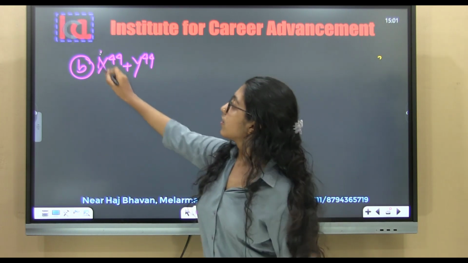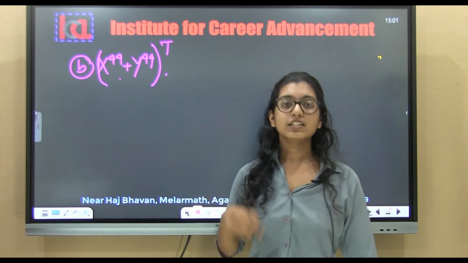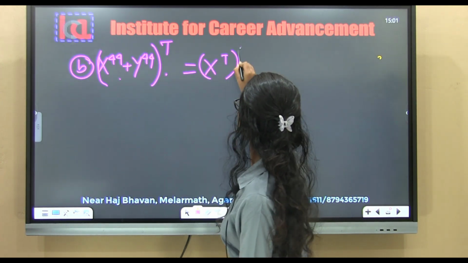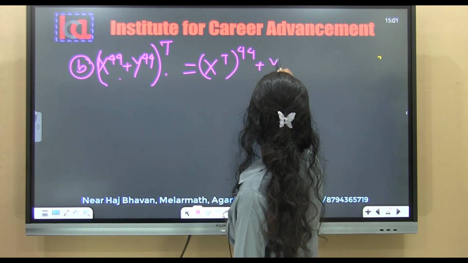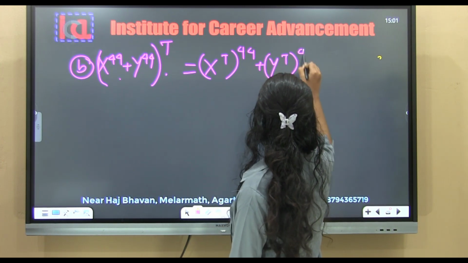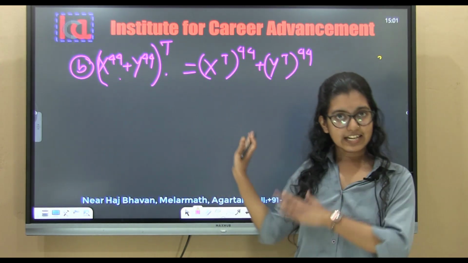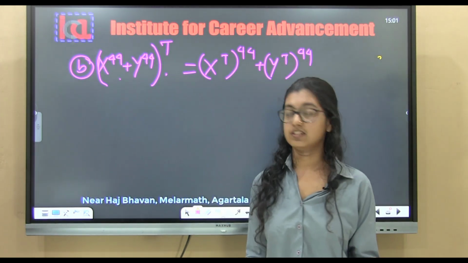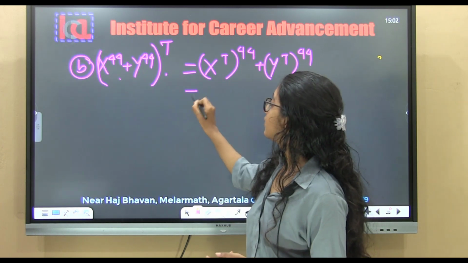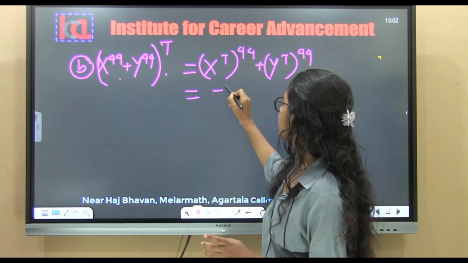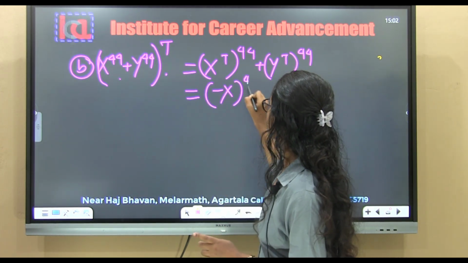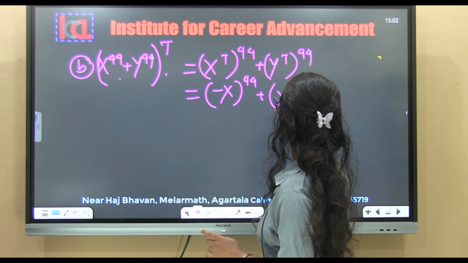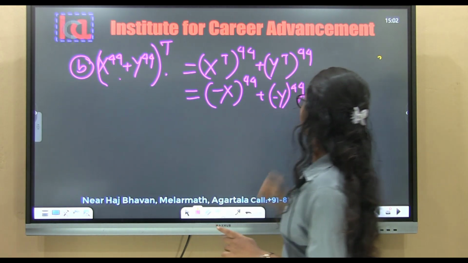Similarly, if we take the whole transpose of it, what will be the thing? So we can write it like this. Now X and Y both are skew symmetric matrices, so therefore X transpose will be minus X to the power 44 plus Y transpose minus Y to the power 44.